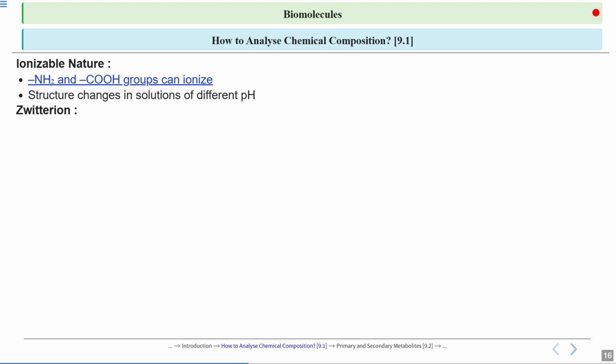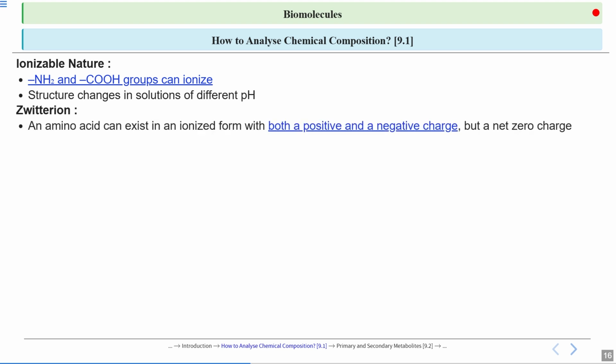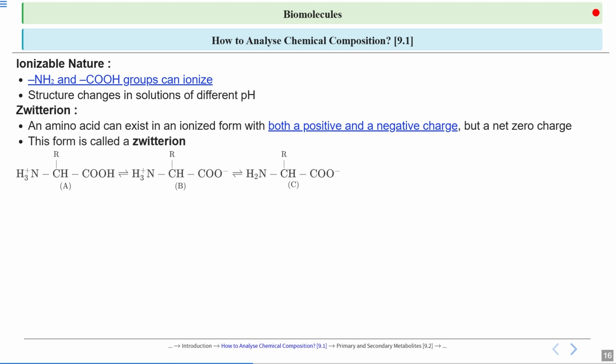So a zwitterion is formed. What is a zwitterion? An amino acid can exist in an ionized form, and in this ionized form, both positive and negative charges occur. This form is known as a zwitterion. Clear?